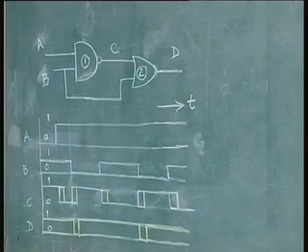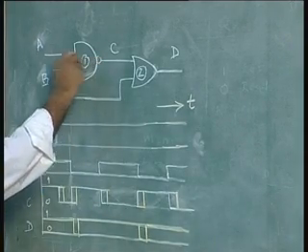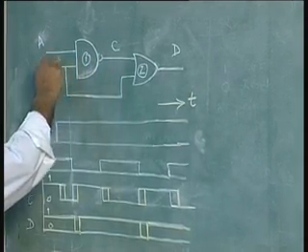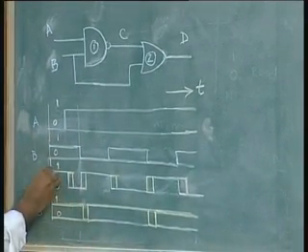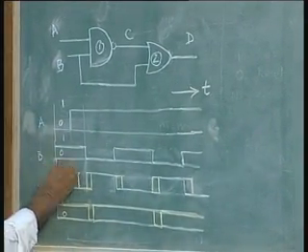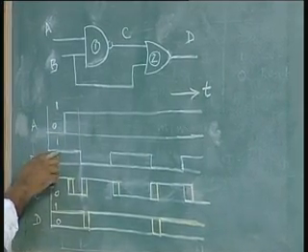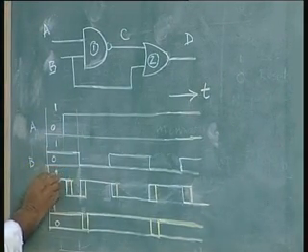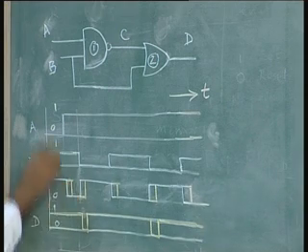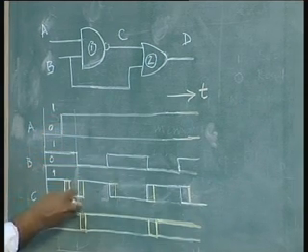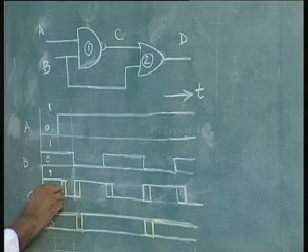Now, the output C, which is the output of the NAND gate when A and B are the inputs, is given by this. C would be 1 when this is 1. When both inputs are 1, C will be 0, and that is going to last for this duration.